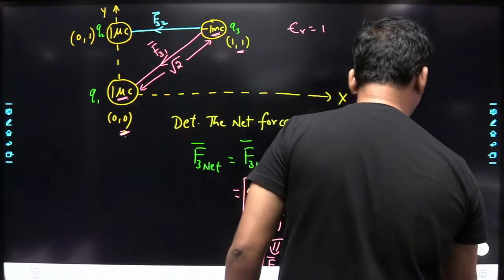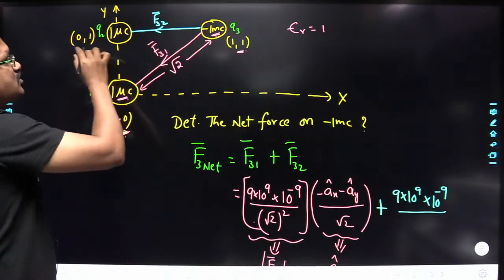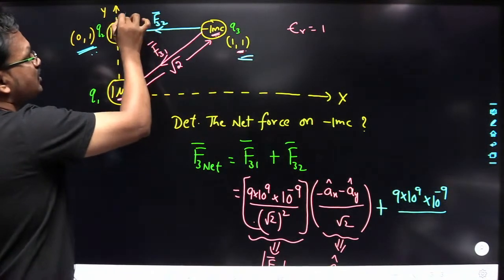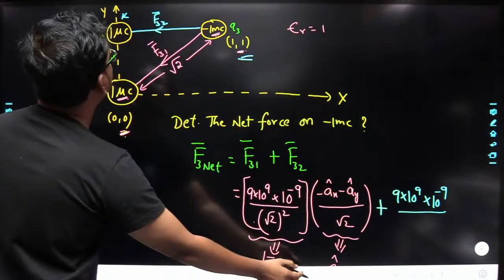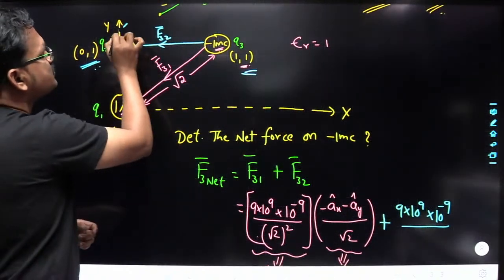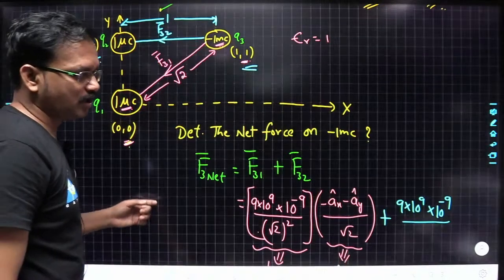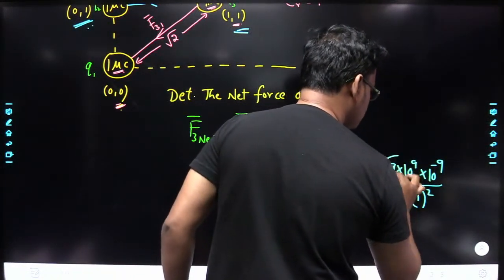Divided by the square of the distance between these two. The distance between 0, 1 and 1, 1 is nothing but 1. So here you will get r square, that is 1 whole square. So this is the magnitude here.